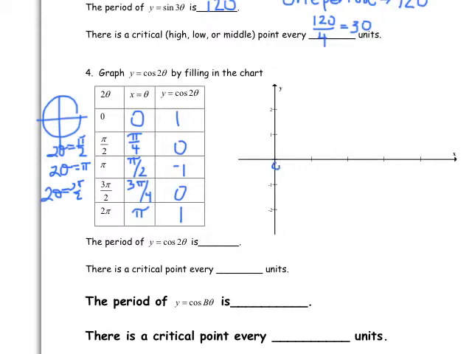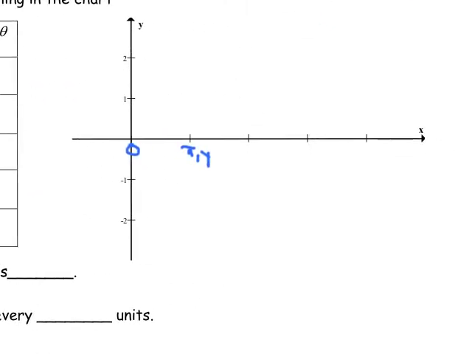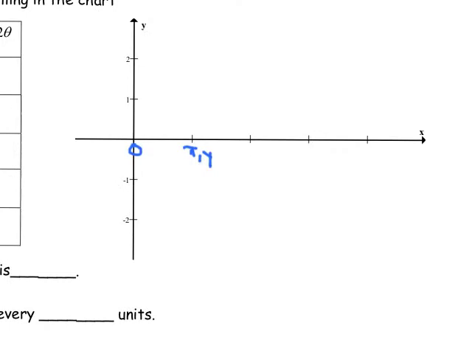I think it's generally a good idea to label the 0 if you use the 0, which we did here. Then we have pi over 4. Then I'm just going to make this bigger. I can look back. So this is pi over 2. This is pi. This is 3 pi over 4.